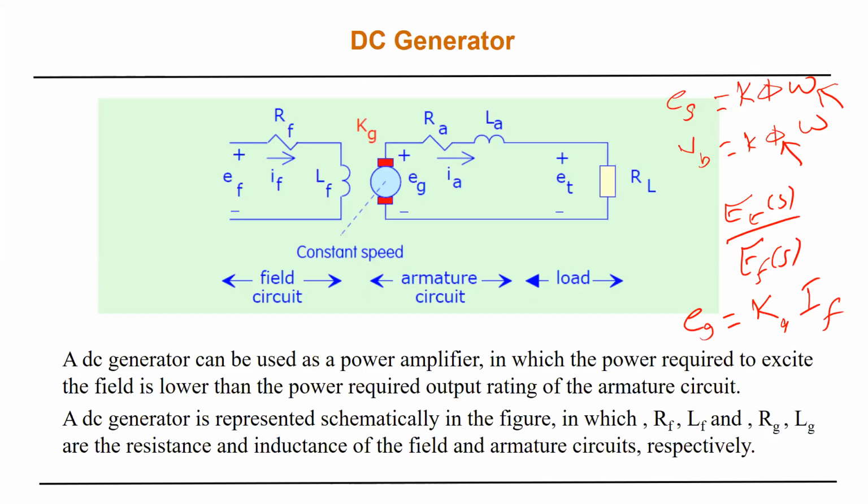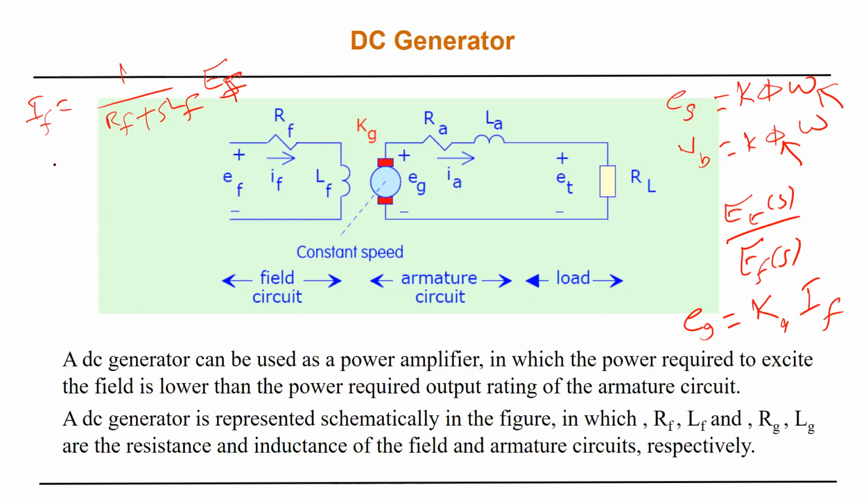So if I want the transfer function, first of all, what's IF equal to in terms of EF? We have 1 over RF plus SLF, times EF.